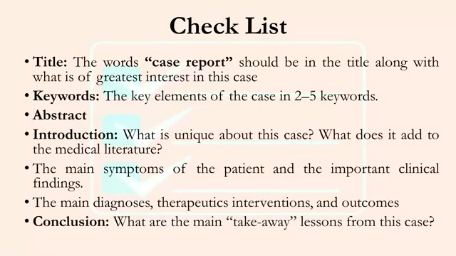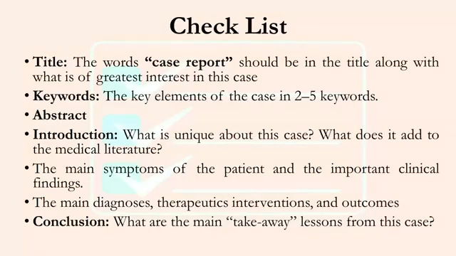So what is of greatest interest? A case report on alleviating symptoms of postpartum depression. That can be a good title. Yes. The keywords element of the case is 2 to 5 keywords: depression, homeopathy, postpartum.